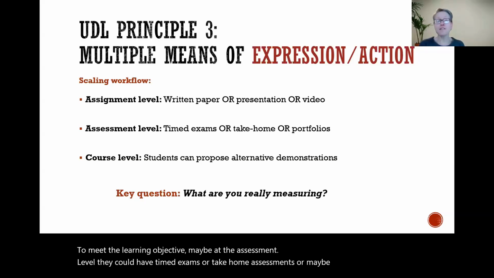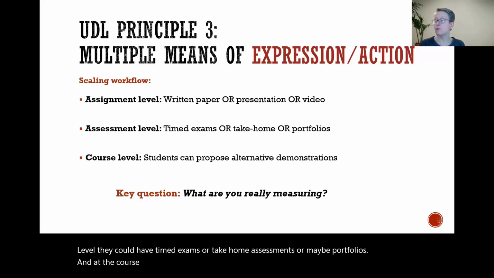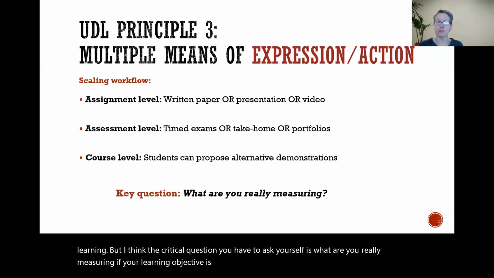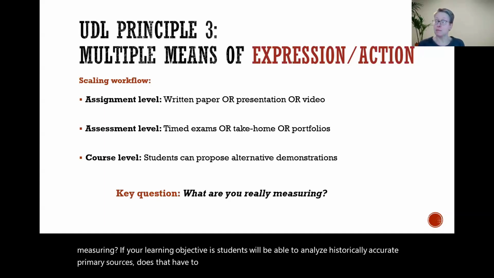And at the course level, maybe students can even propose alternative ways to demonstrate their learning. But I think the critical question you have to ask yourself is, what are you really measuring? If your learning objective is students will be able to analyze historically accurate primary sources, does that have to be demonstrated through a 5-page paper?